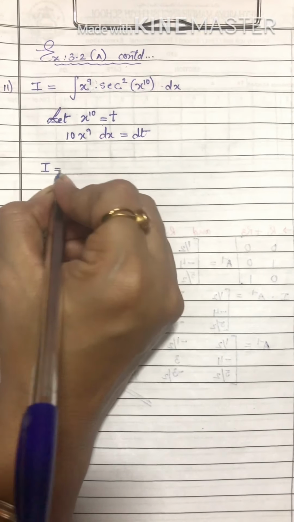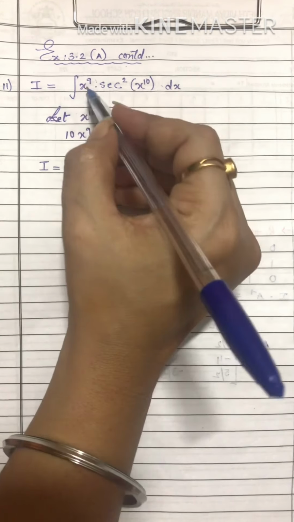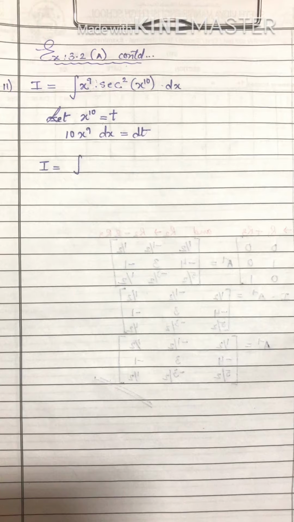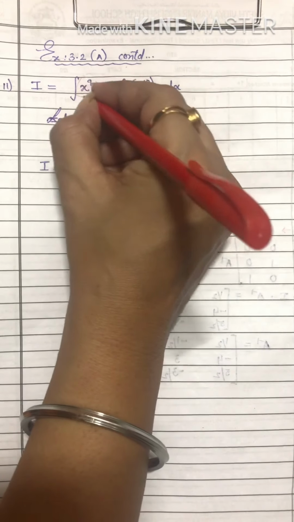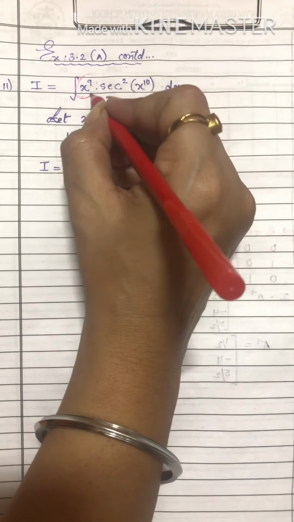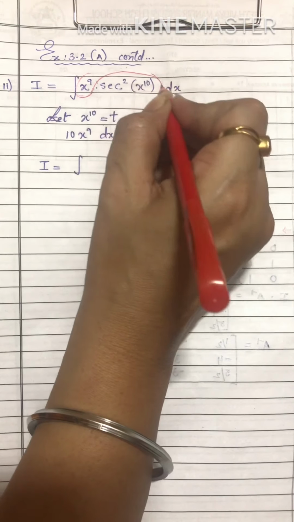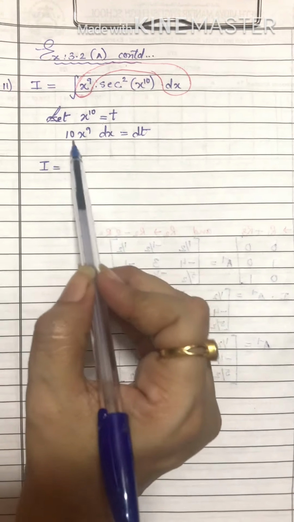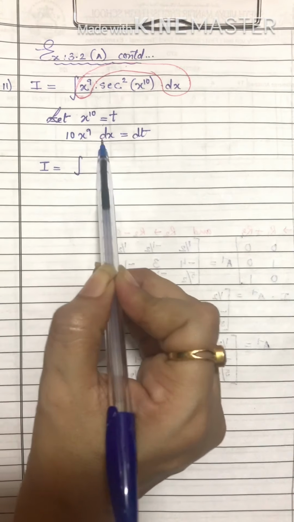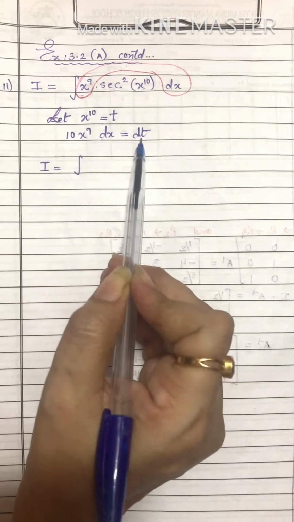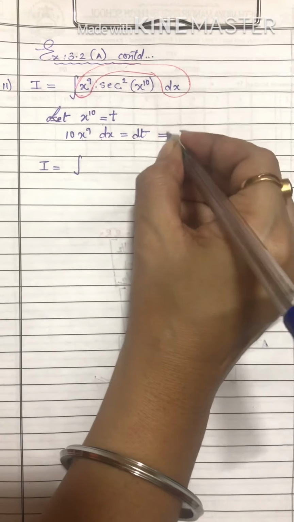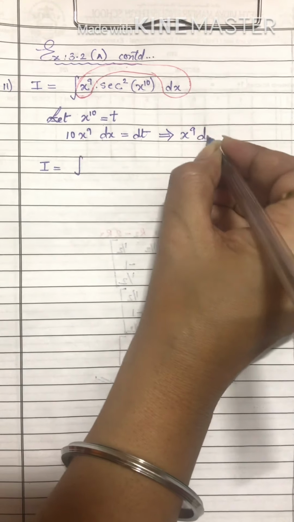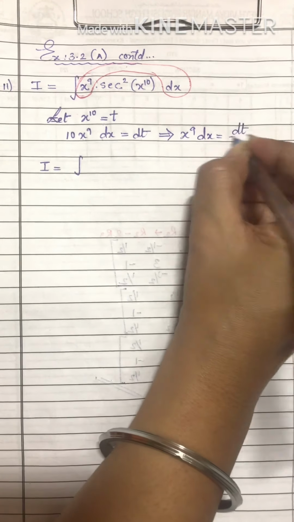Now I becomes integration. Now see here, x raised to 9 and dx, this full part we have got as x raised to 9 dx, which is dt upon 10.